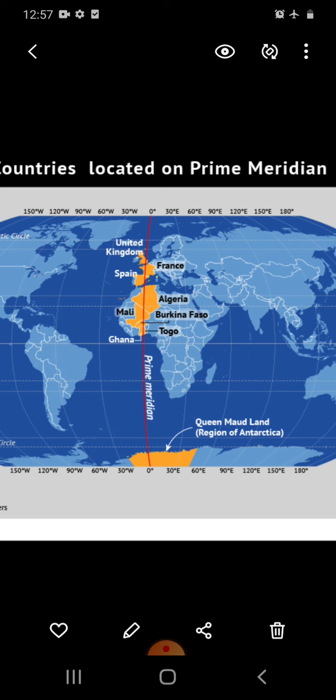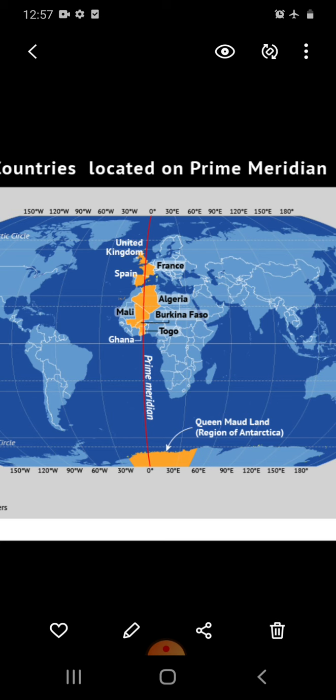And what we studied is that the 0 degree longitude is also known as the Greenwich meridian. Why is it known as the Greenwich meridian? Because this line passes through Greenwich, the place where the Royal British Observatory is situated, and time is calculated on the basis of this Greenwich line.